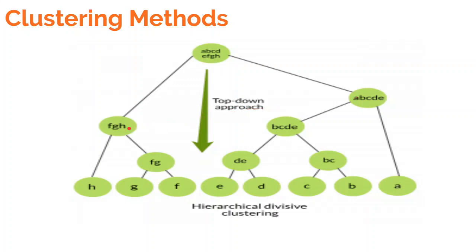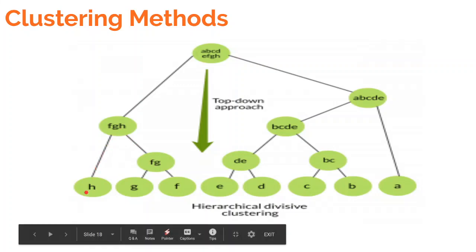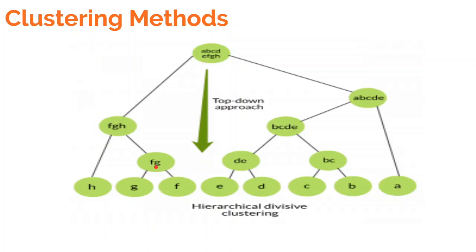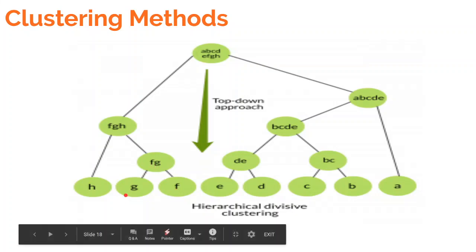Then again later on FGH will be divided into two different clusters, one is FG and another is H. Later on FG is also divided into two clusters, F and G. Now G, F and H clusters are separated by divisive approach.